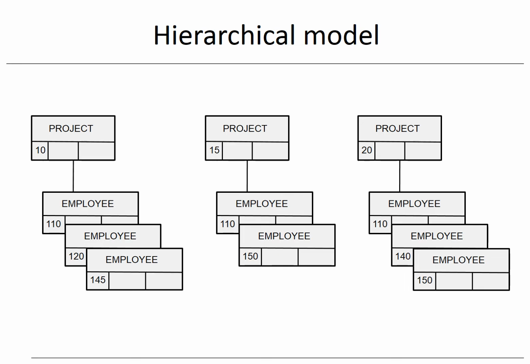Hence, the data of Employee 110 is replicated, which is not nice from both a storage and maintenance perspective. If the data of Employee 110 is updated in one relation, it must also be updated in the other relations or inconsistent data will occur. Note that the number of hours an employee worked on a project can be put in the child record type.